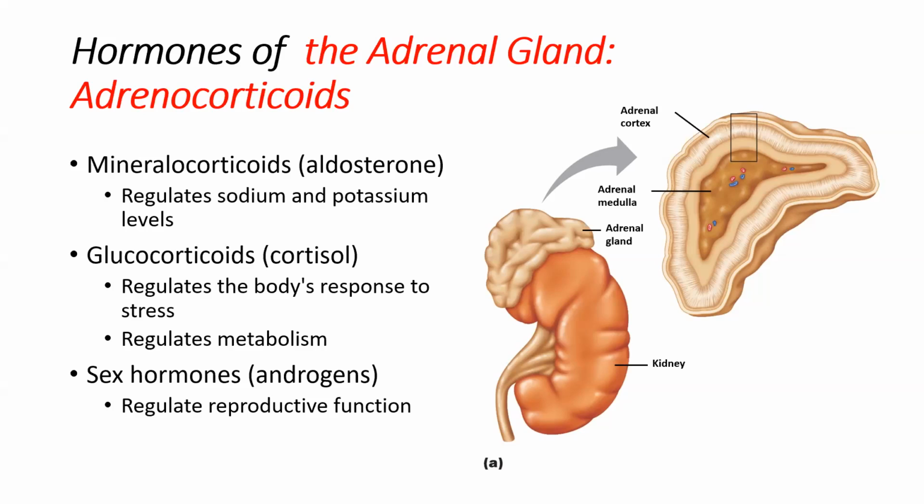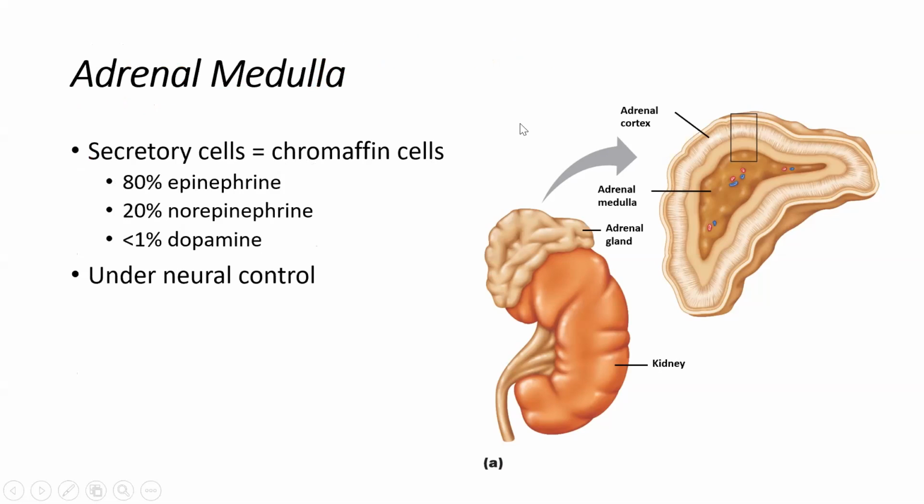We'll talk about ACTH, and is a part of that axis where the hypothalamus secretes CRH, the pituitary secretes ACTH, and that ACTH stimulates these 3 hormones from being released from the cortex. And I'll talk more about the other tropic hormones that are involved in that axis when we do a drawing a little bit later on.